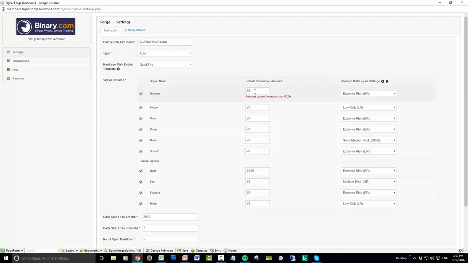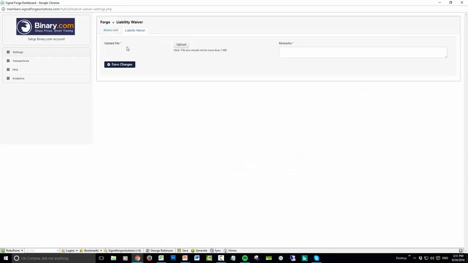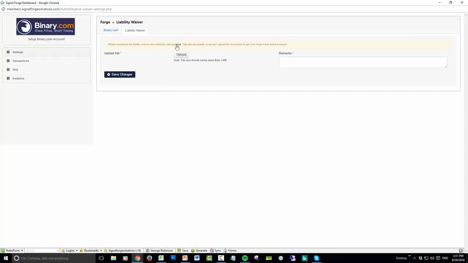It comes with this little red warning here. To get that increased above 50 to either 75 or 100, I'm not sure what that is at the moment, you need to come up here to this liability waiver, click on that. It will take you to a page where you can download a document when this opens up here. So click here to download this document, sign it, and then upload it in here.